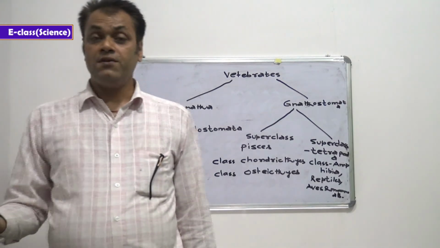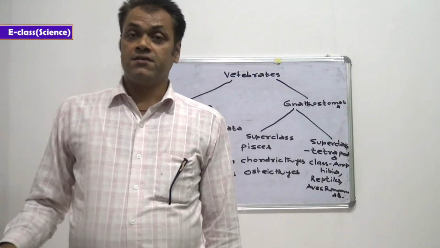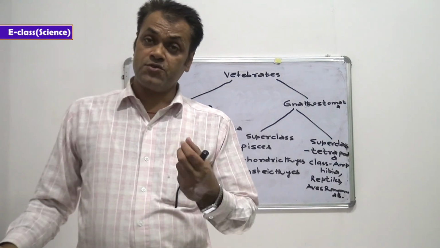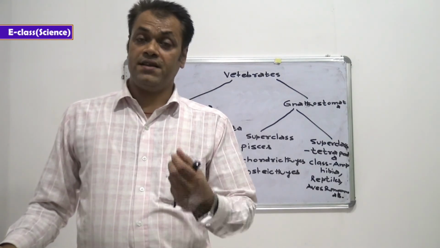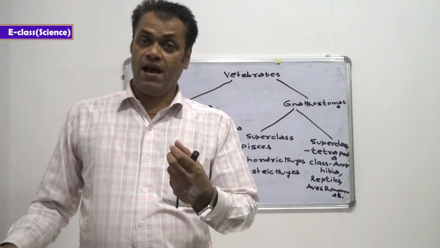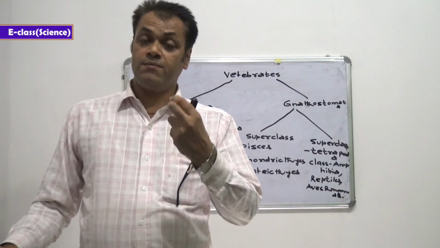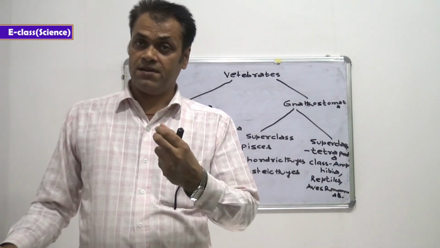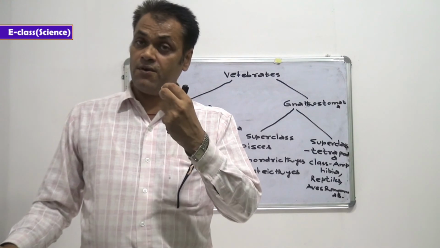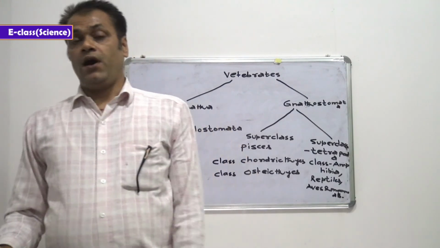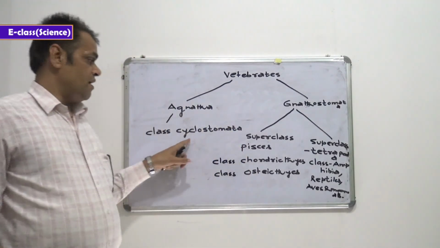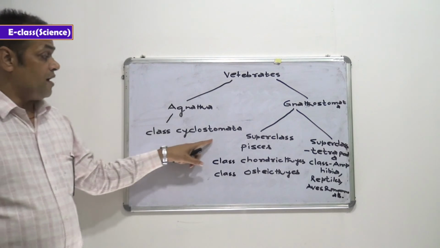As we have known, the semicircular canal helps to balance the body, keeps the body in equilibrium, and is responsible for the maintenance of posture of the organism. Now in Agnatha there is the class Cyclostomata.